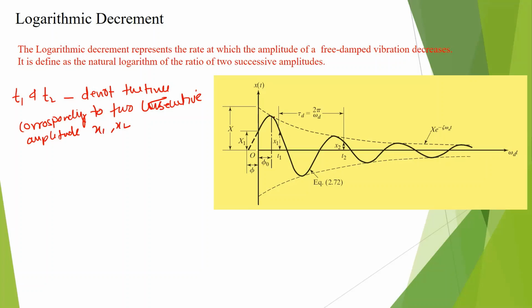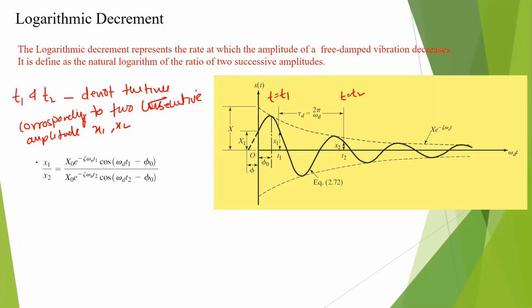So we measured x1 at t equals t1 time, and after one complete cycle we measured x2, at time t2. x1 and x2 are just one complete cycle apart, right? So the ratio of x1 and x2 can be given by this equation.